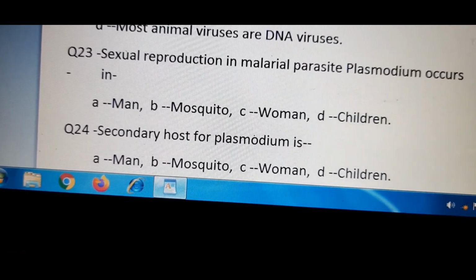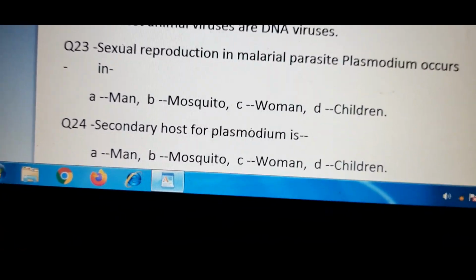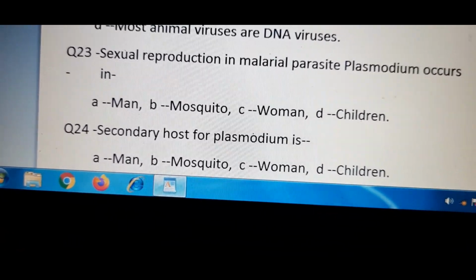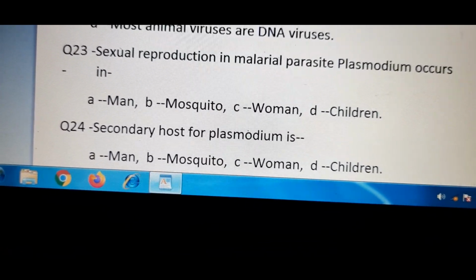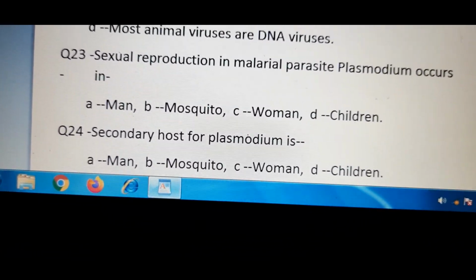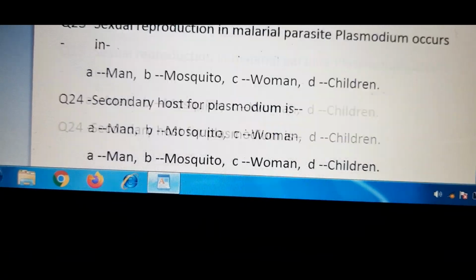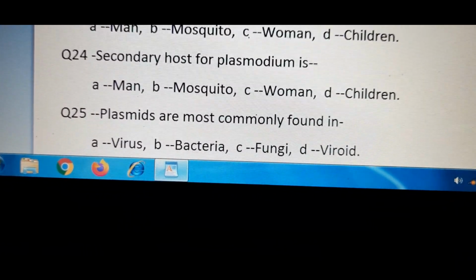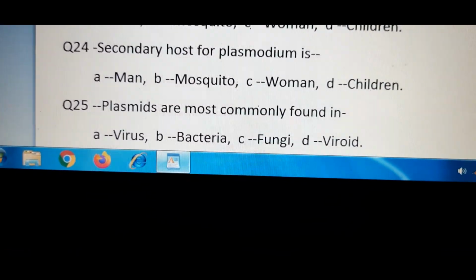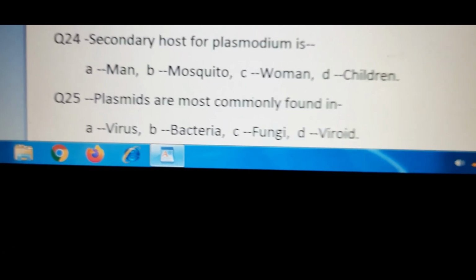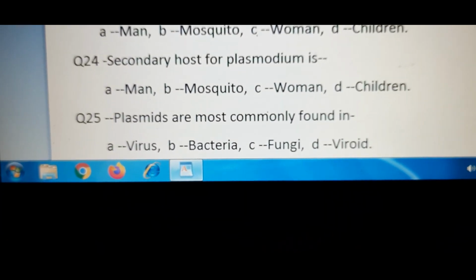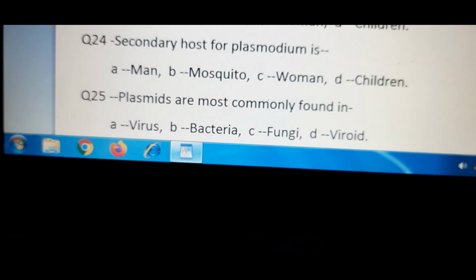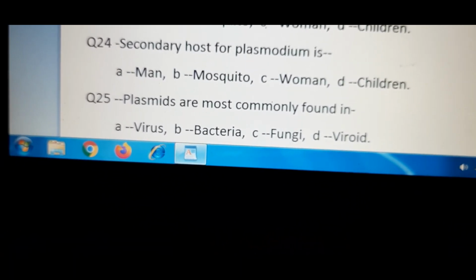A is also a host for it, but it is the secondary host. Primary host is mosquito, and in the mosquito's body it reproduces sexually. Now question number 24 is also on that one only. Secondary host for Plasmodium is man. Now I just explained, it is man. Primary host is mosquito, female Anopheles mosquito. Why female Anopheles only?